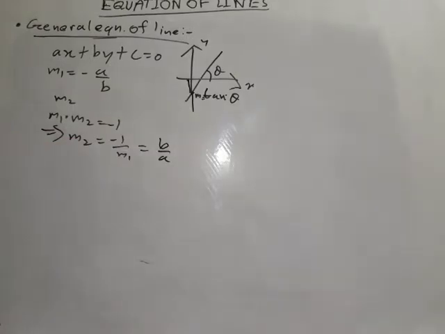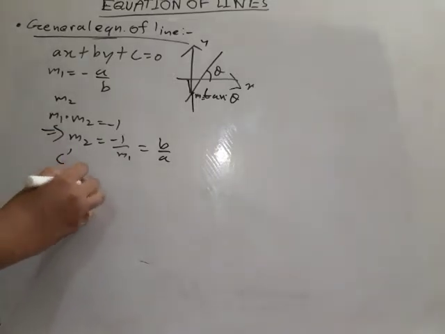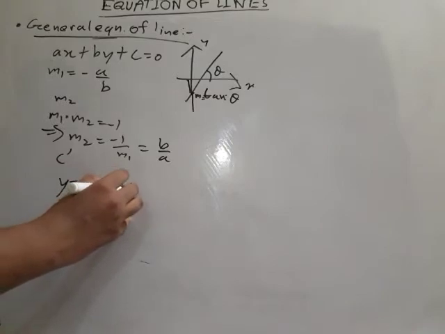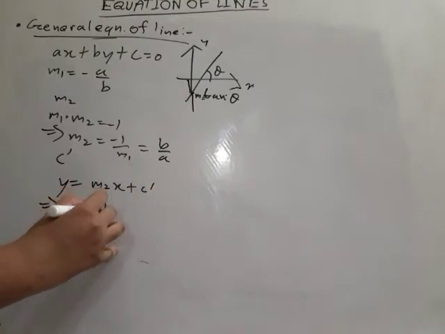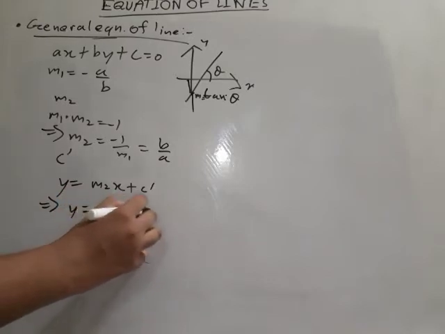Here we are rewriting this equation, again taking a constant c dashed, y equal to m2 x plus c dashed, or y equal to b by a x plus c dashed.